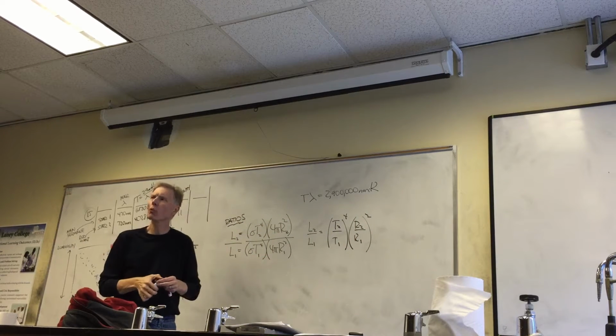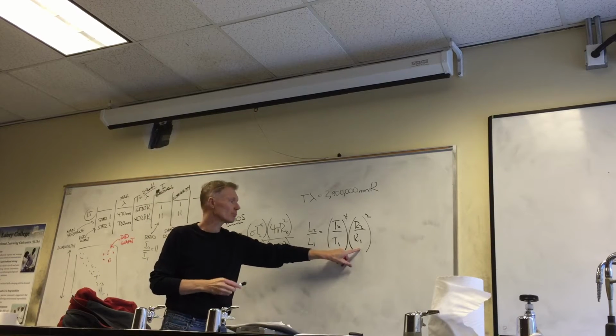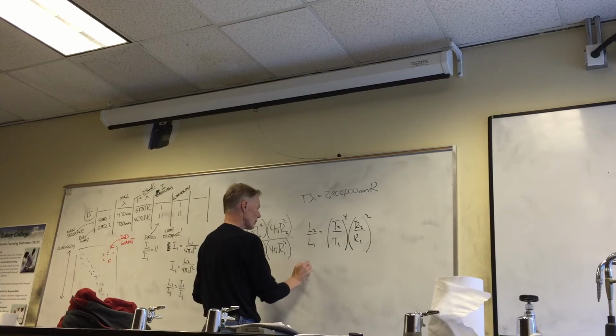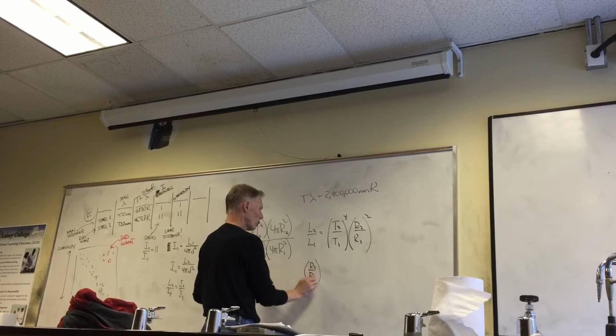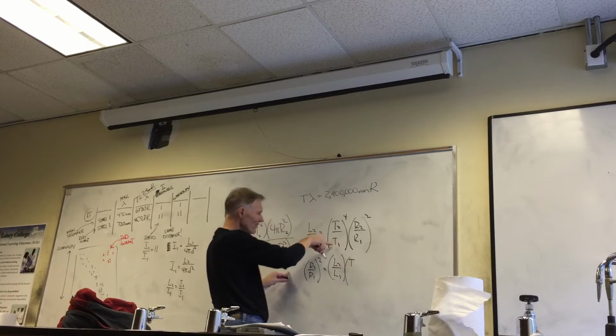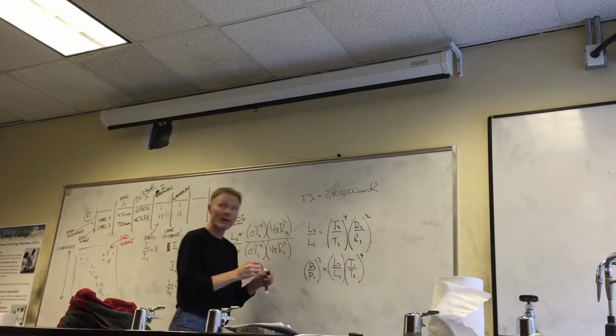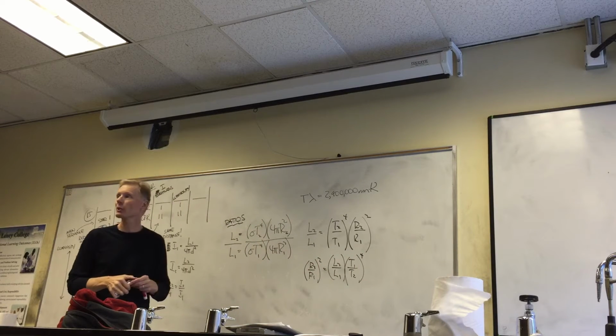And we are solving for R2 over R1. So that's going to give us R2 over R1 squared is L2 over L1. And then we have to make sure we get this inverted, something like that. And I can start putting numbers in.